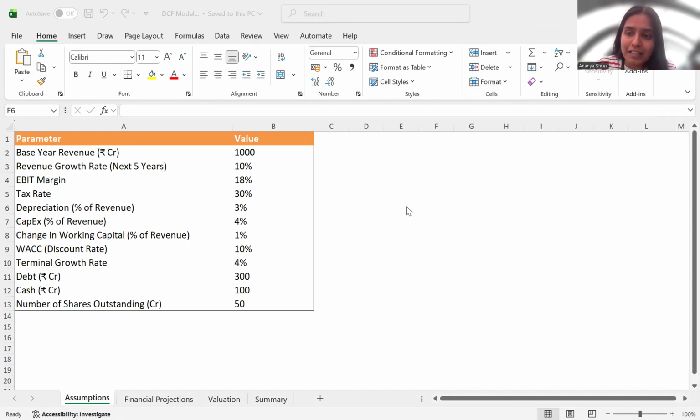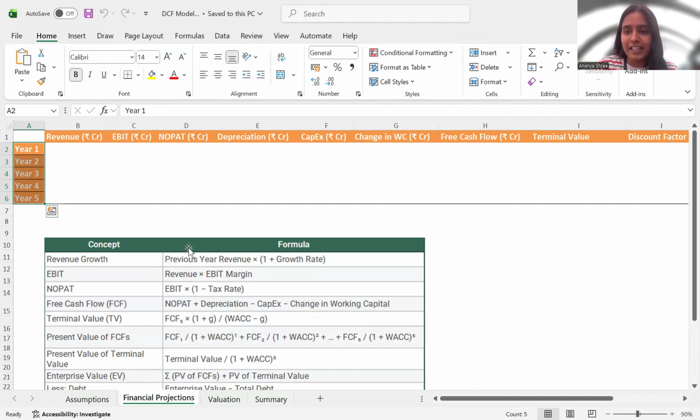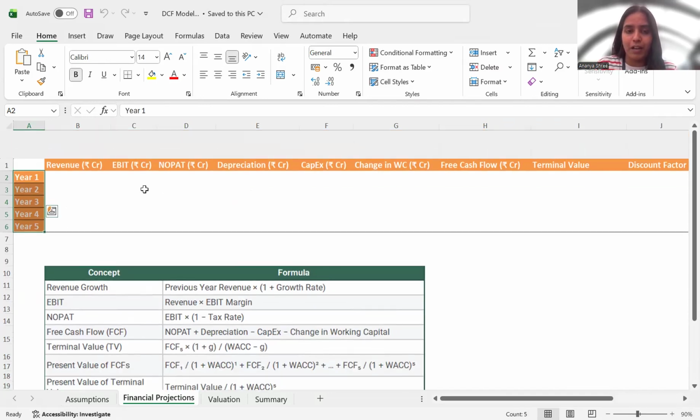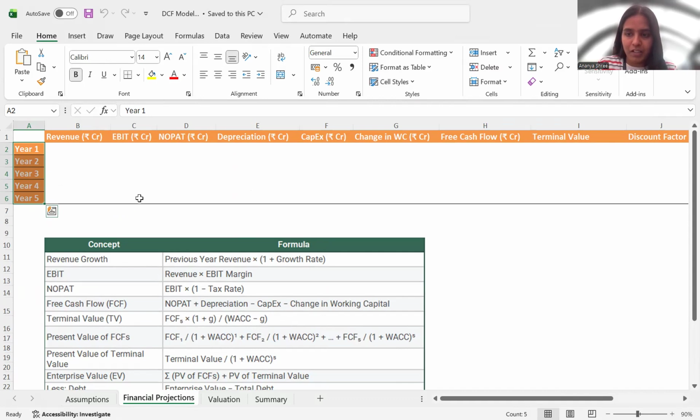Sum to get enterprise value, adjust for net debt to get equity value, and divide by shares to get intrinsic value per share. I already have a clean workbook with headings. I'll enter the numbers and formulas. Now I'll explain each and every formula as I type it.